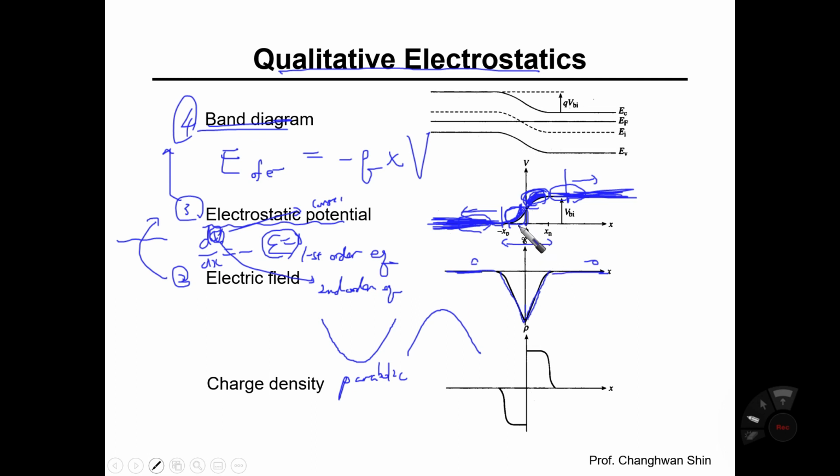So correspondingly, in the P side and in the N side, the potential values are modified following the second order equation. So when we draw the energy band diagram for the PN junction diode, the electrostatic potential must follow the second order equation. So this energy of electron must be drawn following the second order equation.